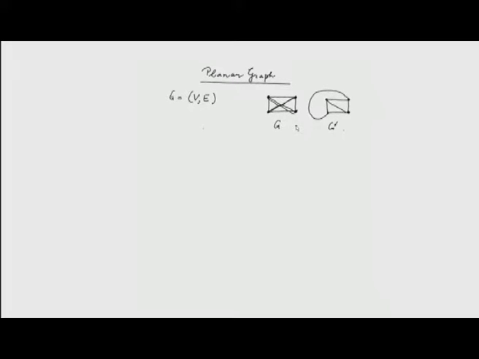Now, our question is when a graph can be drawn on a plane in this way and when it cannot be drawn in this way. So, we come to the formal definition of planarity of a graph.